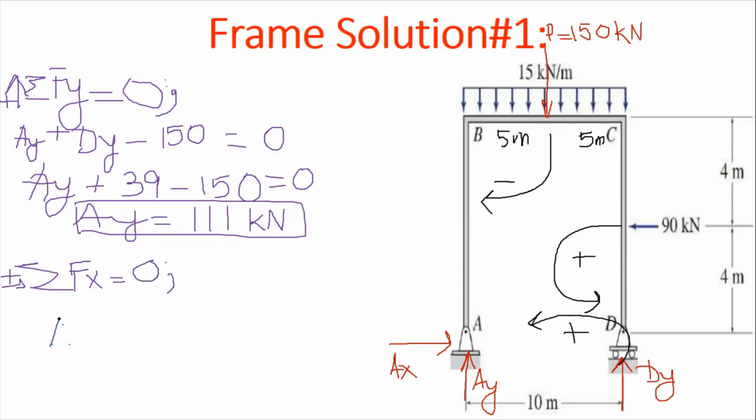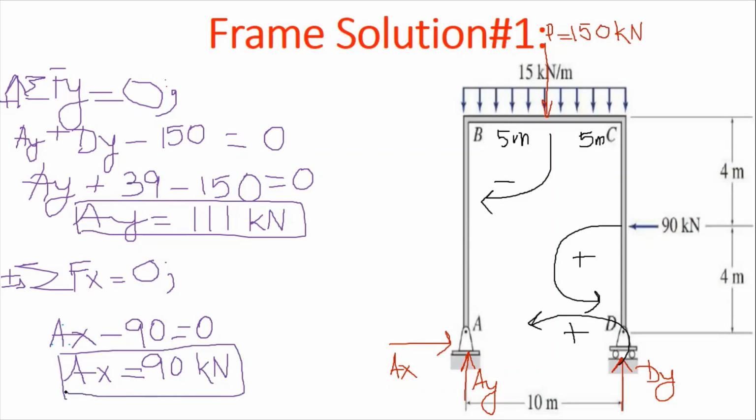So AX positive minus 90 equals to 0. AX equals to 90 kilonewton. This is AX, AY.